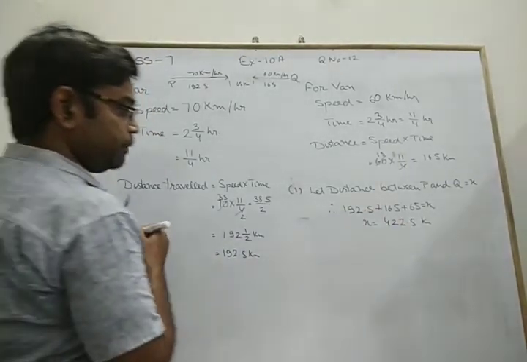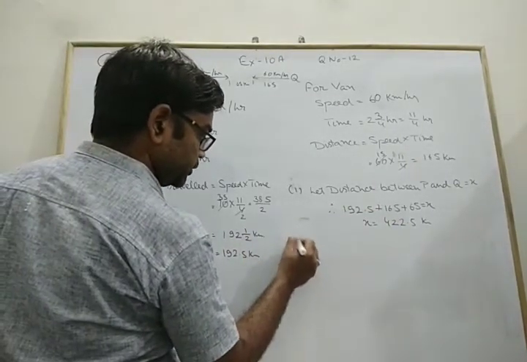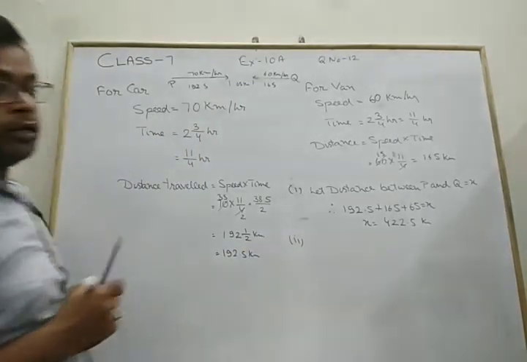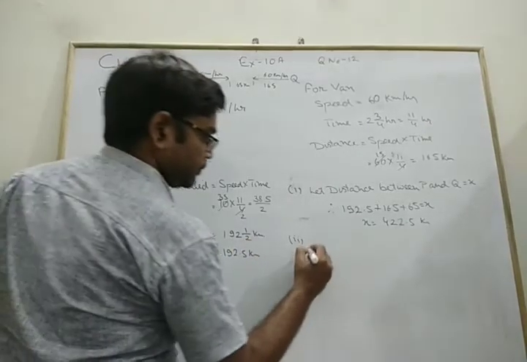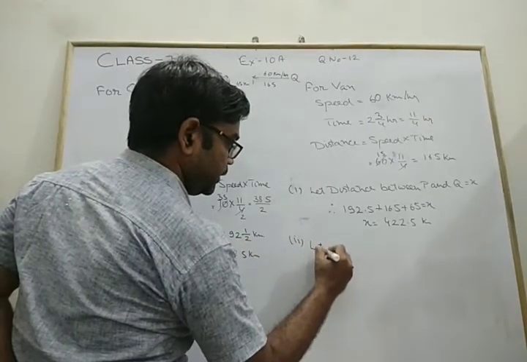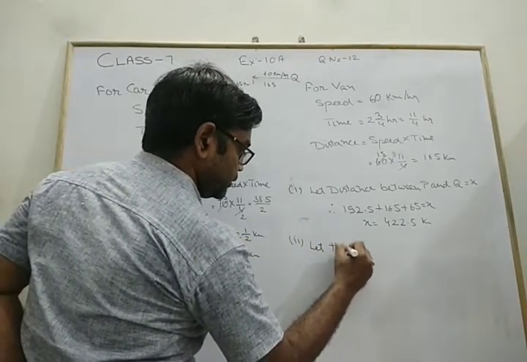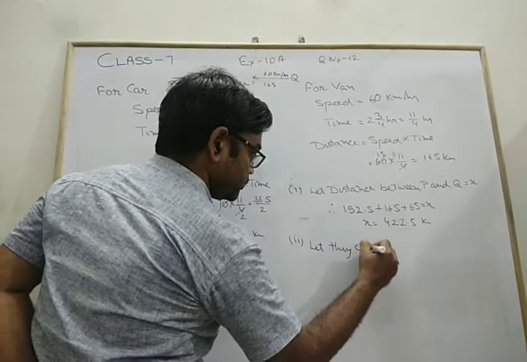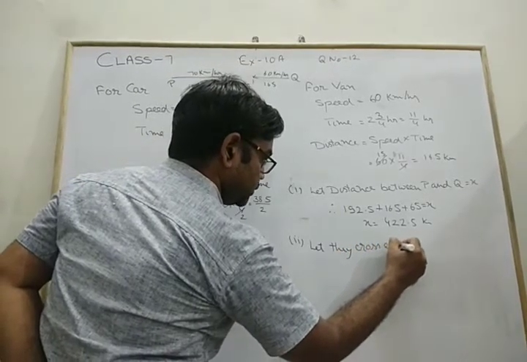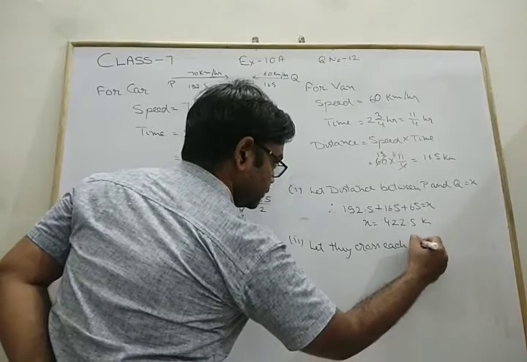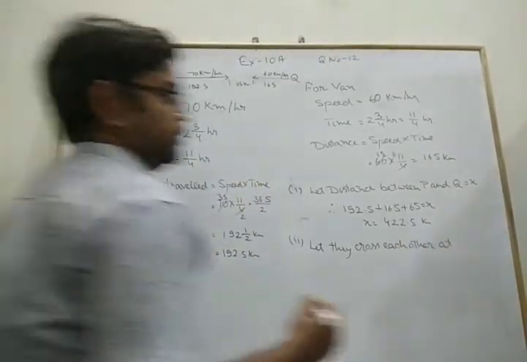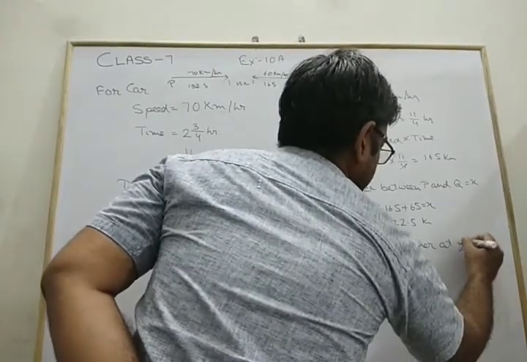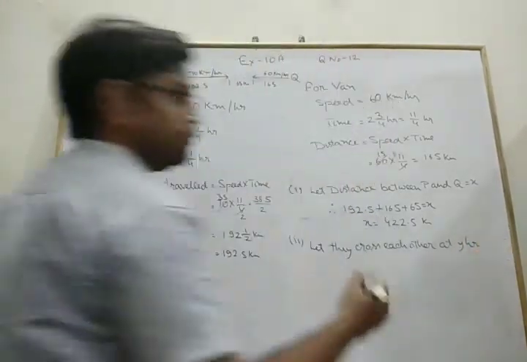Now the second part says, when do they cross each other? So we'll assume some time from the start. Let them cross each other at y hours after starting.